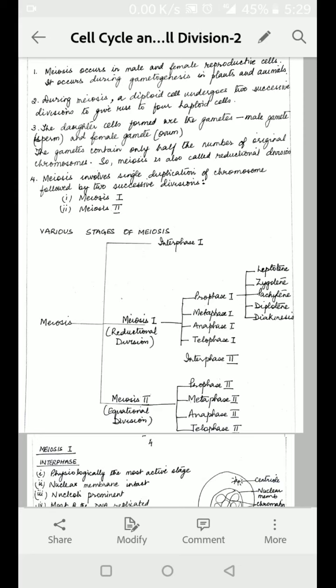followed by meiosis 2. And meiosis 2 is the second division which takes place, and this division is like mitosis. We call it equational division, because after meiosis 1, chromosome number has been reduced to half, and then 2 cells that are formed from a diploid cell will have half number of chromosomes.